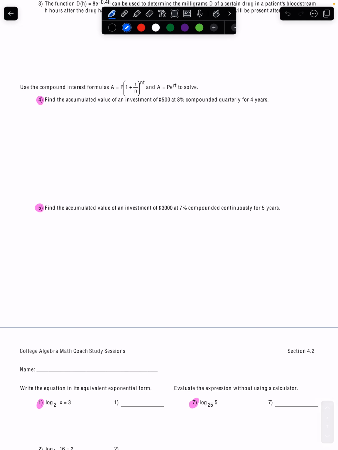Moving on to the next problems, looking at 4 and 5, it says use the compound interest formulas to solve these problems. So the trick with the compound interest formulas is, let me get my highlighter out. This one that I'm shading in green, you're going to use when you have compound quarterly.